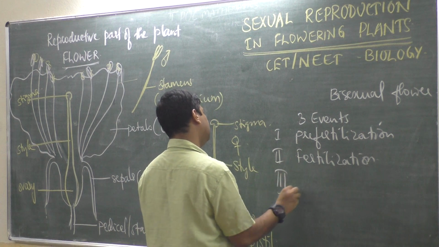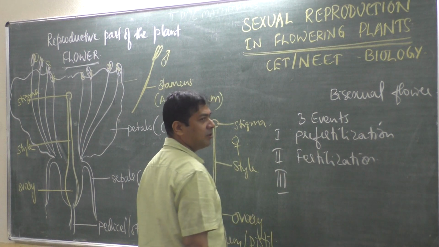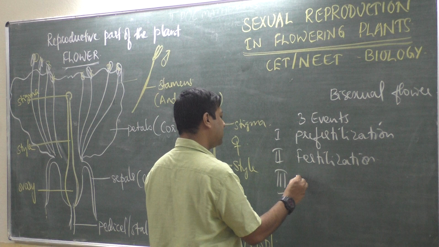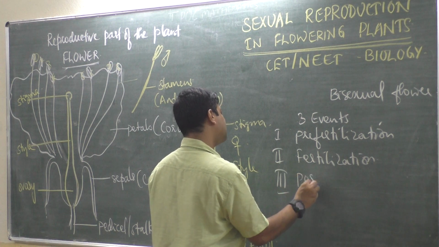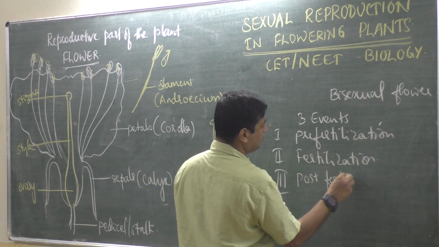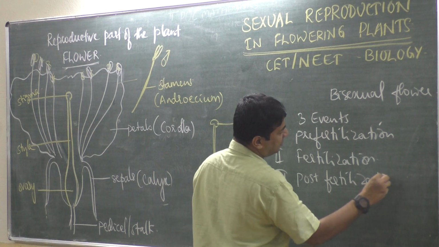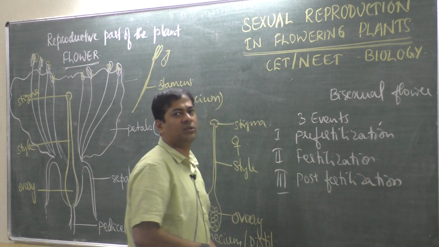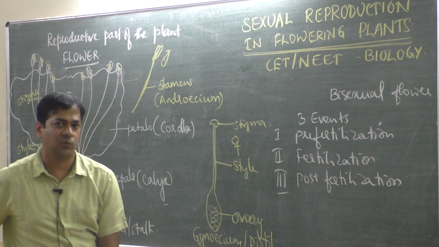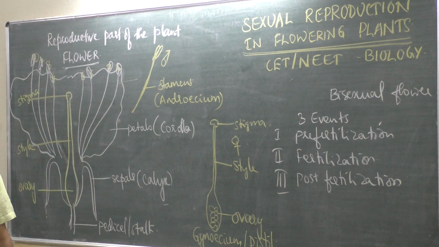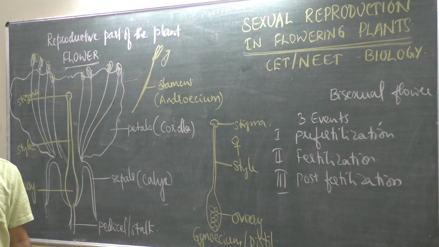Then third, after fertilization, formation of zygote and embryogenesis, that is called post-fertilization. I don't have to explain because the whole first chapter is about these 3 steps only. We have already learnt it.